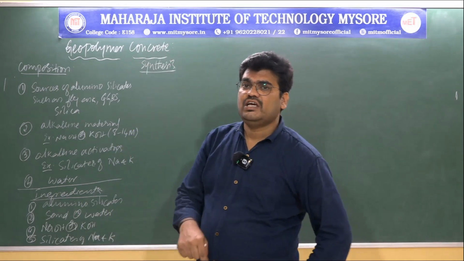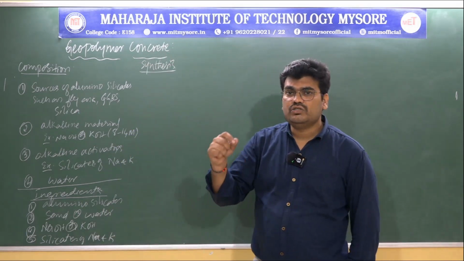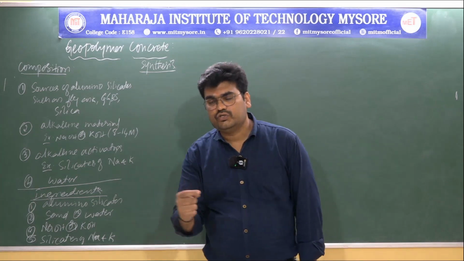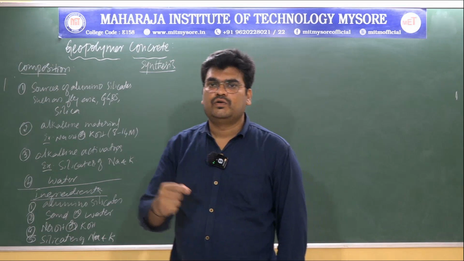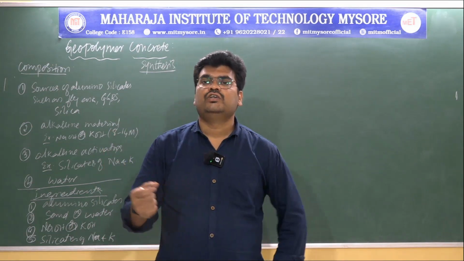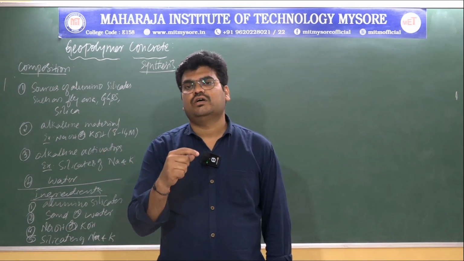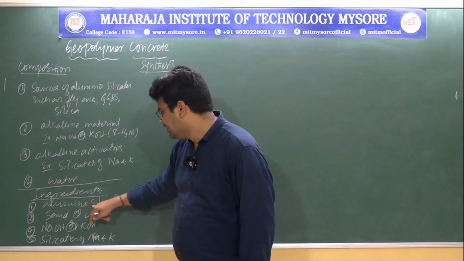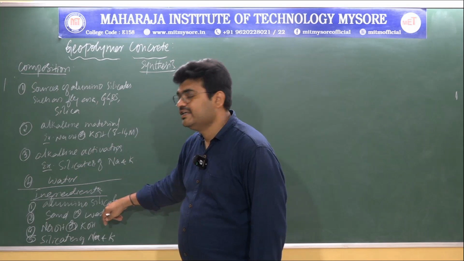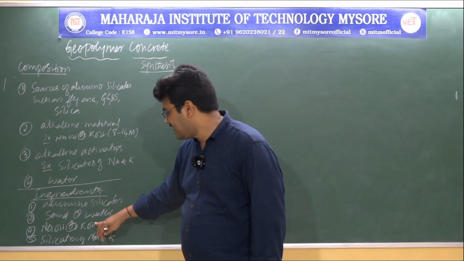You have to allow this highly alkaline solution to cool to room temperature. It usually requires around 24 hours. Then you have to mix that highly alkaline solution with other ingredients such as sources of aluminosilicates and sand.